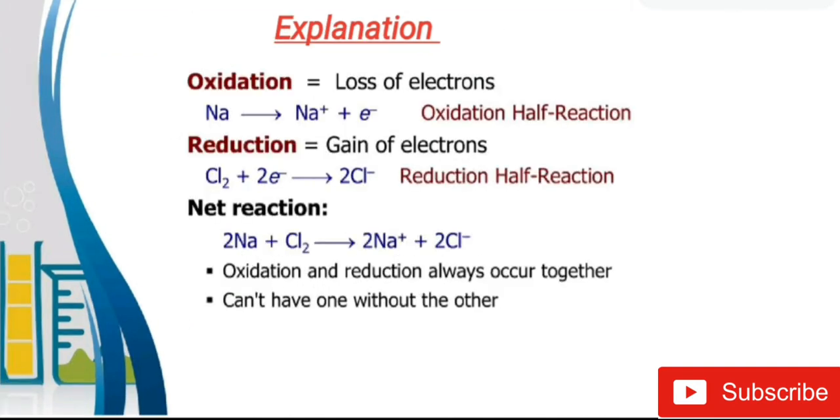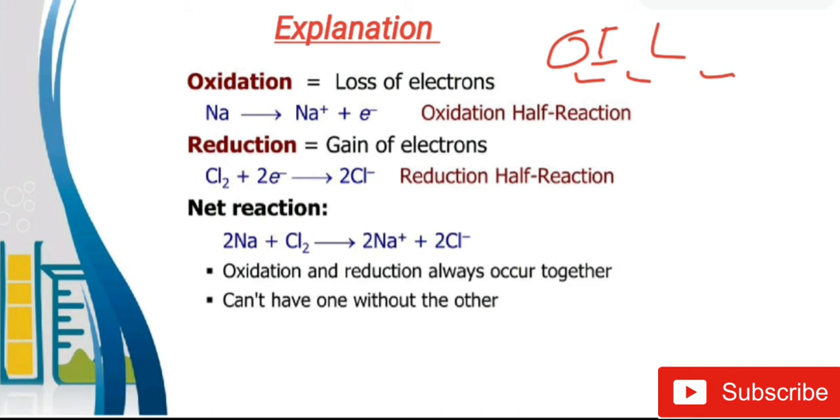Now let us discuss it through one example. What is oxidation? Oxidation is loss of electron and reduction is gain of electron. You will remember the keyword OIL for oxidation: oxidation is loss of electron.